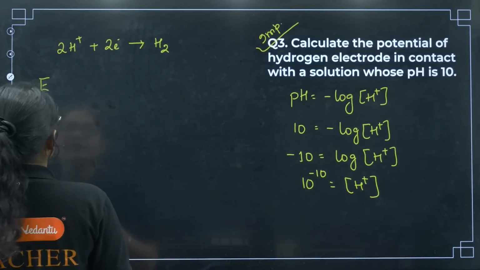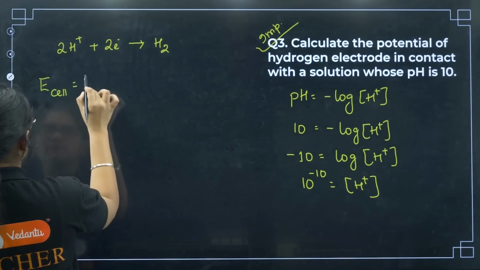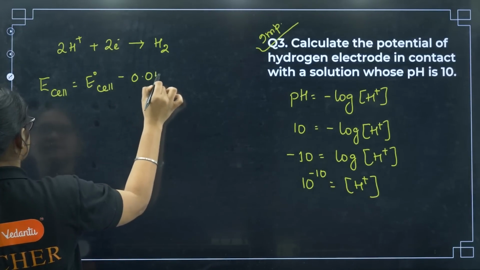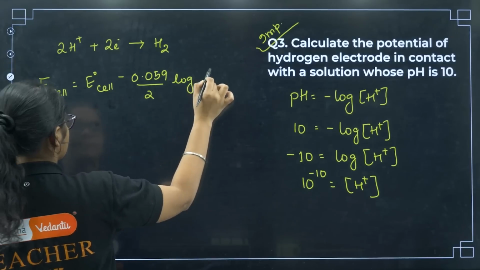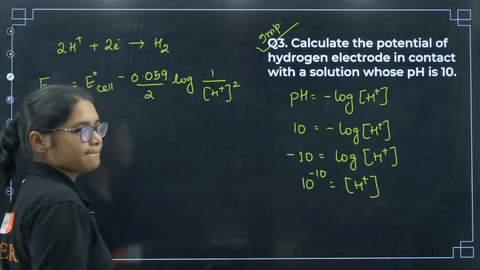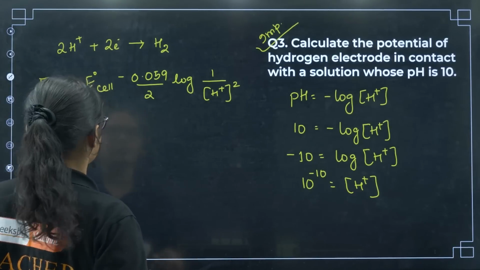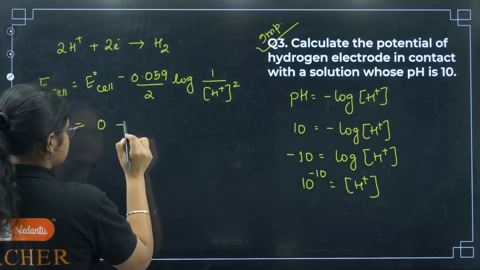So I can write here E of the cell is equal to E° of the cell minus 0.059 by 2 log of 1 by H⁺ squared. Here we have to calculate E of the cell. For hydrogen, E° of the cell is 0 because it is taken as the reference electrode.